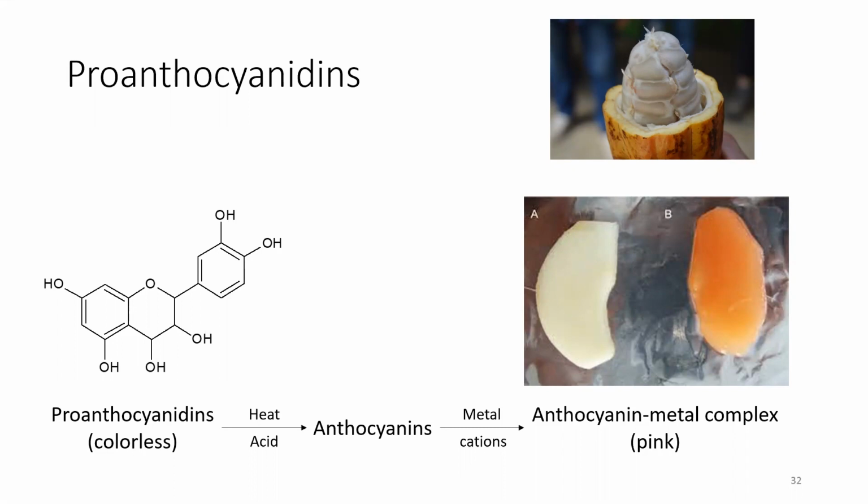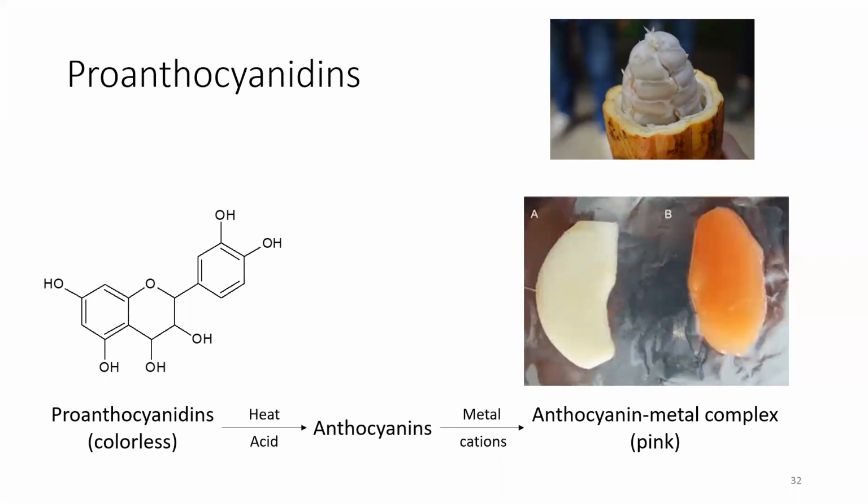And you see, again, the structure very similar. But when we treat proanthocyanidins with heat in the presence of acid, they can convert to anthocyanins. And so those will have color.